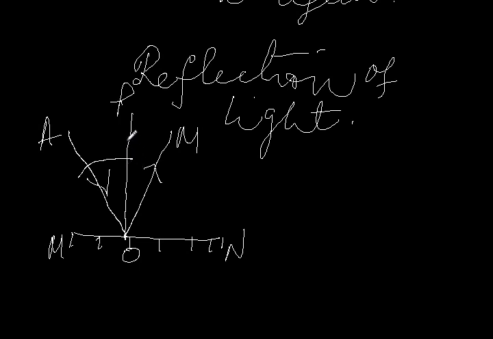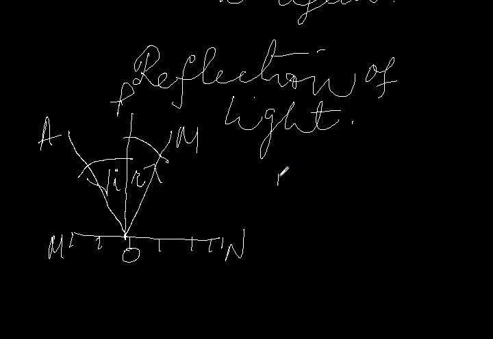The angle formed between the reflected ray and the normal is called the angle of reflection. Now, AOP is the angle of incidence, which can be considered as I, and POM is the angle of reflection, which can be considered as R.